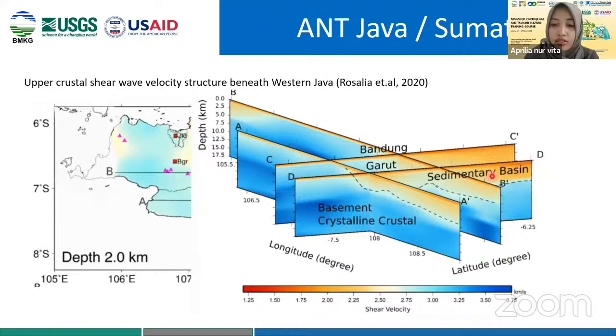Western Java includes several large population centers, including the world's largest urban agglomeration around Jakarta, as well as the major cities of Bandung and Garut. All of which are located in sedimentary basins.